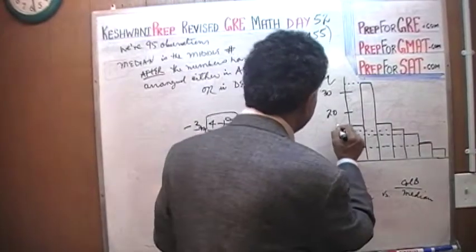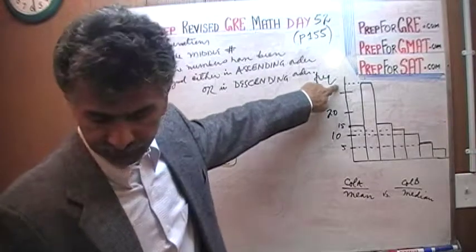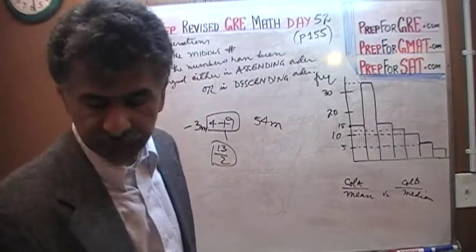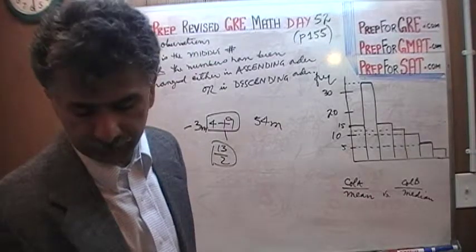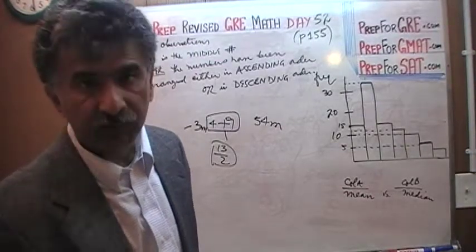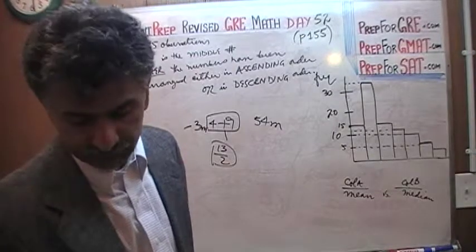This is a 15 right here. And then they had 35 observations which were either a 6 or a 7 or an 8 or a 9 or a 10. And then they had another 15 observations which were either 11, 12, 13, 14 or 15. You get the idea, and so forth.